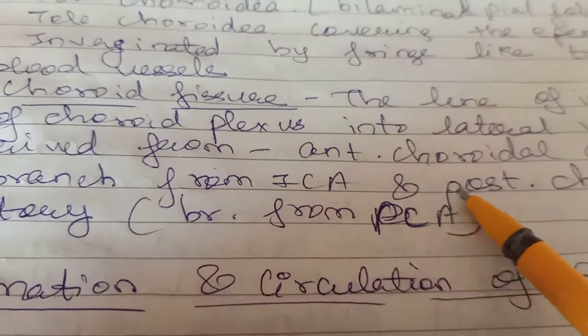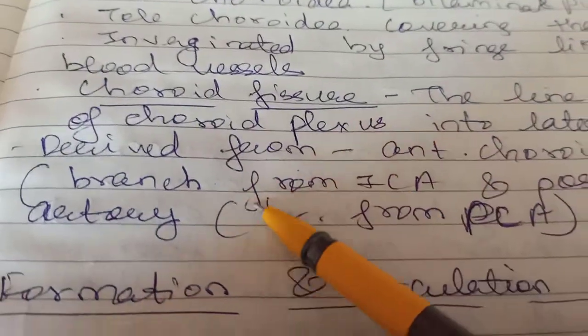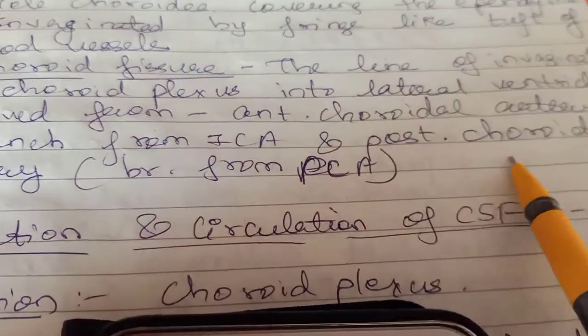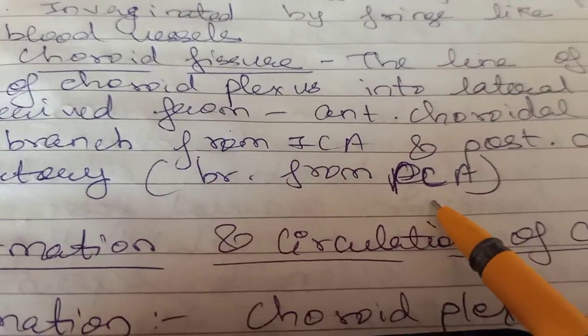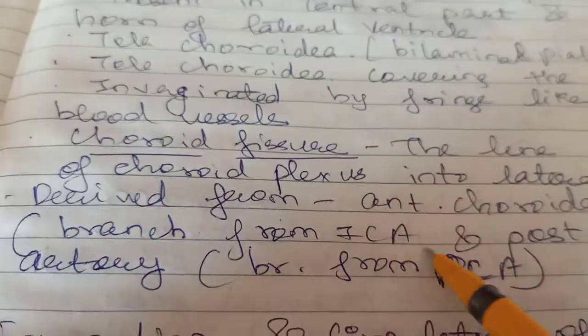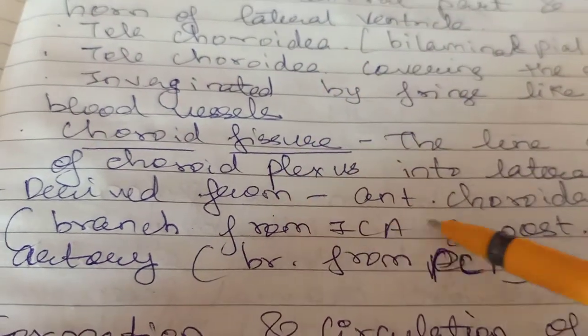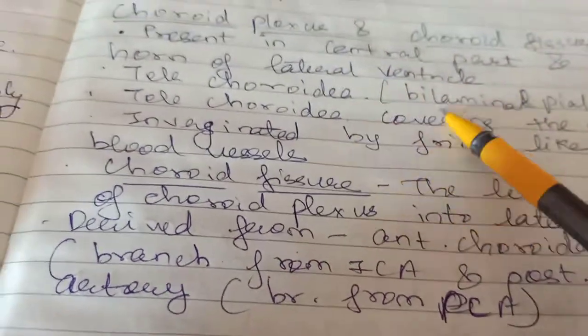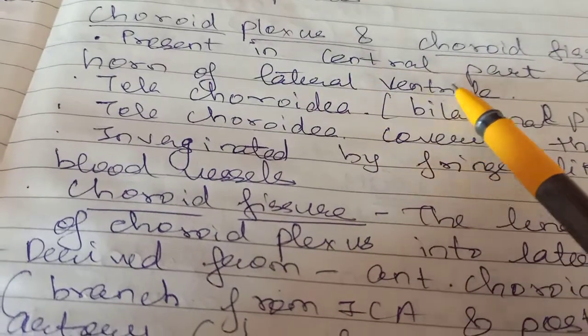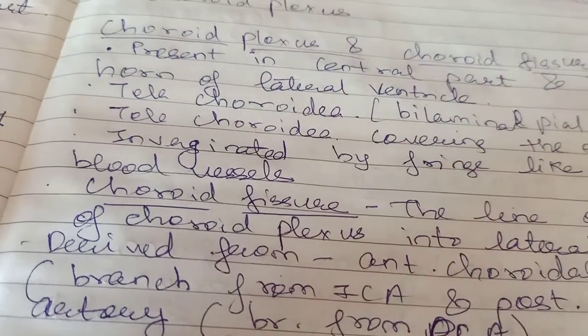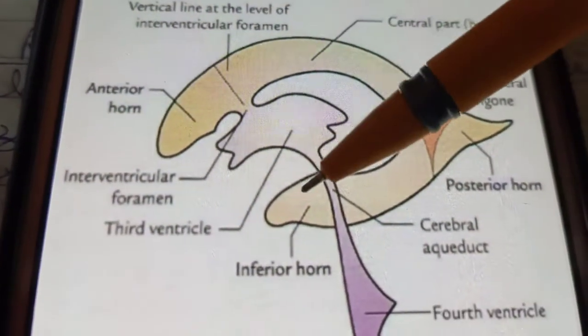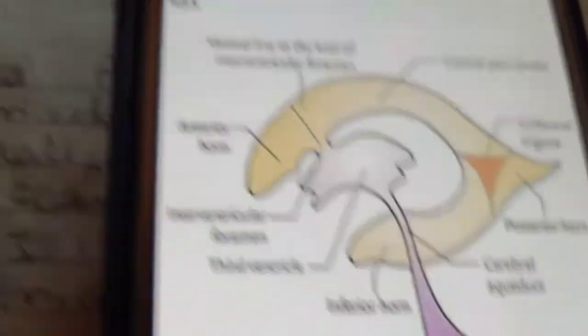So this is about the choroid plexus, and mainly it is present in the central part and the inferior horn of the lateral ventricle.